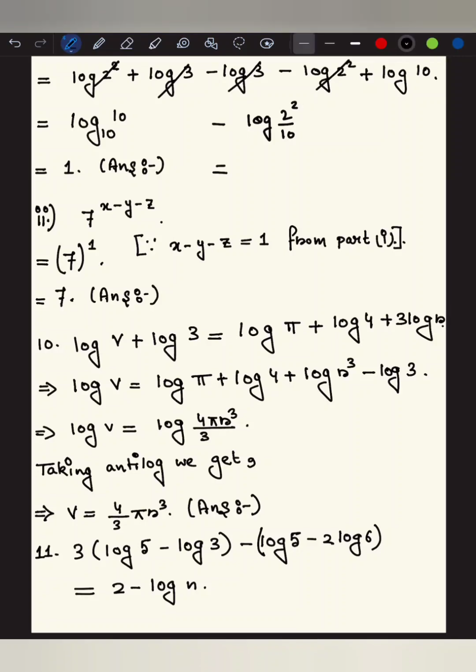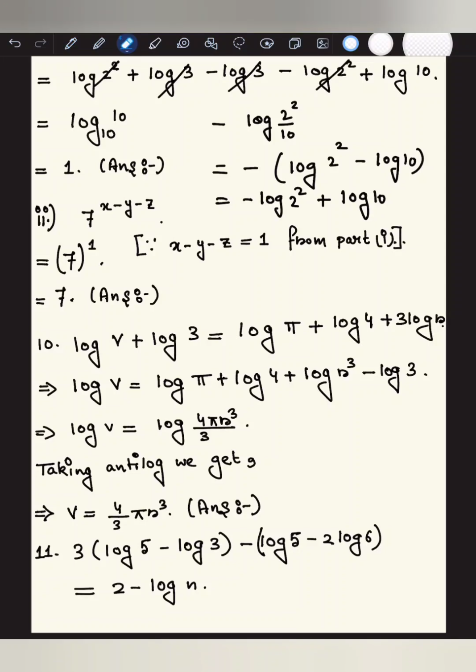can be written as minus log 2 square plus log 10. This minus stays here and it can be written as log 2 square minus log 10. So when we are opening the bracket, this minus gets multiplied to both of them and it becomes minus log 2 square, and this minus multiplied by minus becomes plus log 10.